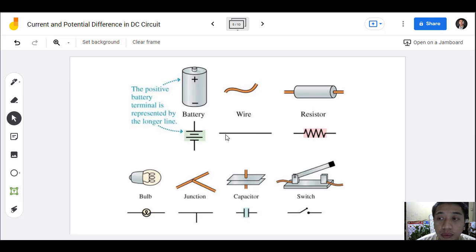For the wire, we have a straight line. The resistor is a zigzag line. A bulb is also a resistance or resistor, which has a curl line inside a circle. While the junction is a perpendicular line, and we also have the capacitor and switch.